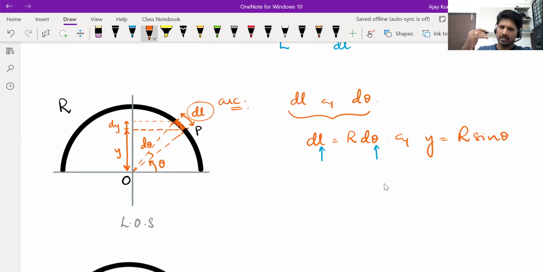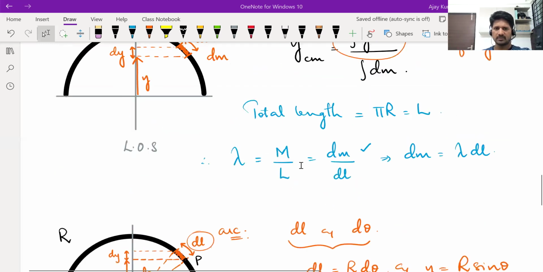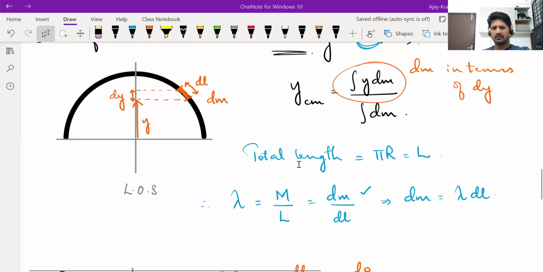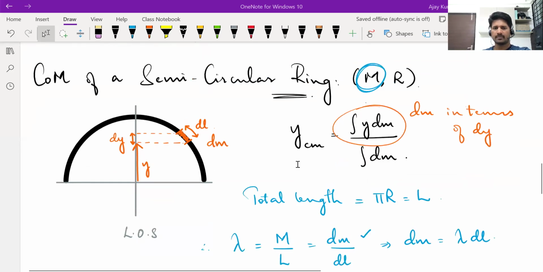Now, from element to element that you take, our aim is to find out the center of mass, no? So we'll be considering all elements of this system. As you move from element to element, is y going to change or not? They will, sir.